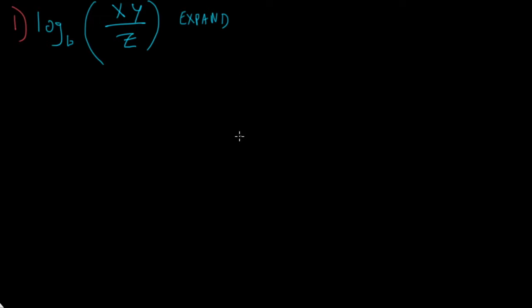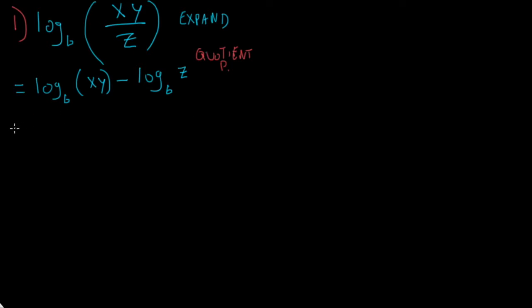All right, so hopefully you gave it a try and expanded. Now, we will do this typically one step at a time here. So according to order of operations, it's a good way to think about it. We'll say log base b of x y, minus log base b of z. Now we did this using the quotient property.